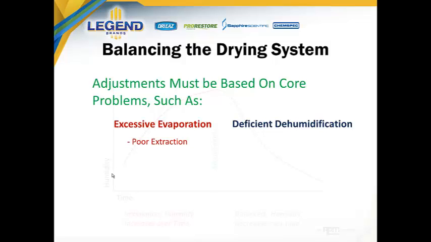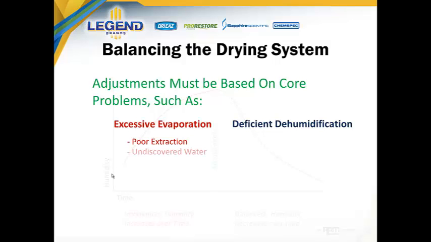If that's the reason your extraction was poor, adding a dehumidifier doesn't fix that. Adding a dehumidifier is simply going to cover up the symptom that you have a whole bunch of excess water that still needs to be extracted. You're still going to get a lot of damage, extremely poor drying rates. Things are going to remain wet for an excessive amount of time.